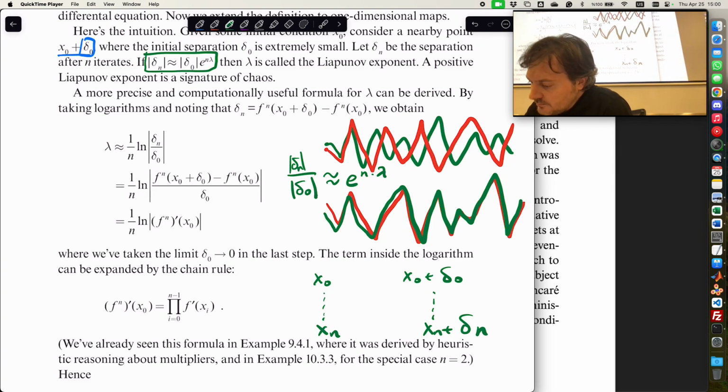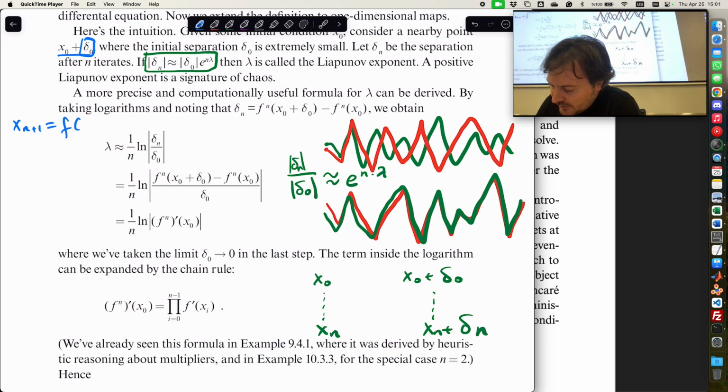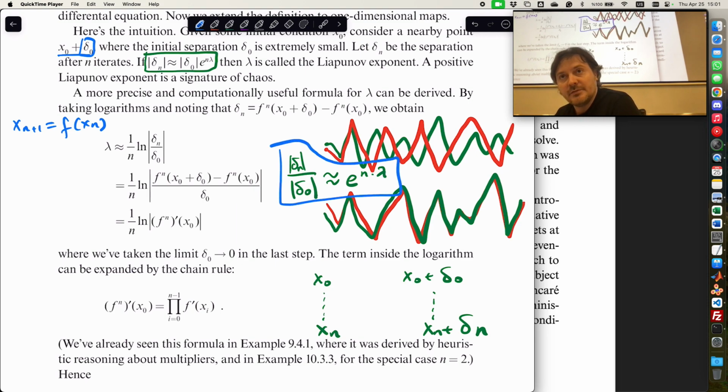Now, when it comes to our maps, they are 1D maps, they are like this. I have already said that this is how Lyapunov exponent is defined. So you can write lambda as 1 over n times ln delta n over delta 0. Do you agree with that? Now, what is delta n?